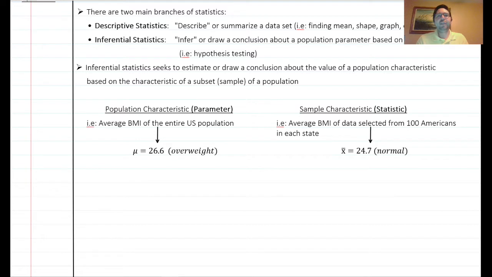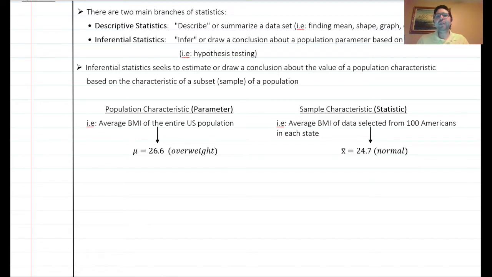Let's say it was 26.6. I don't know if you're familiar with the BMI scale, but 26.6 is considered overweight. It's that 25 mark. If you're above that 25 mark, they consider you overweight, and if you're below 25, then you're considered normal up till a certain point. I don't remember what that cutoff is.